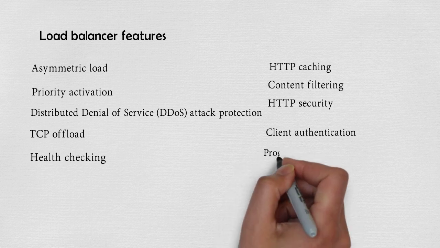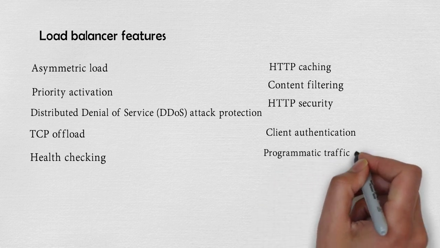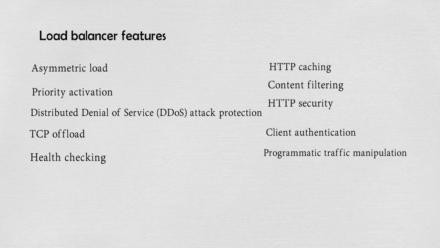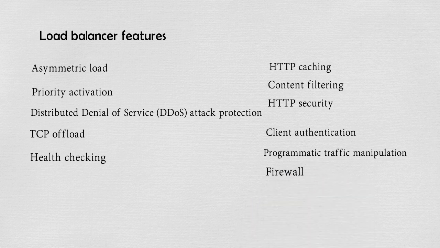Authenticate users against a variety of authentication sources before allowing them access to a website. Programmatic traffic manipulation: at least one balancer allows the user to use a scripting language to allow custom balancing methods, traffic manipulation and more. Next feature is firewall. Direct connections to backend servers are prevented for network security reasons.